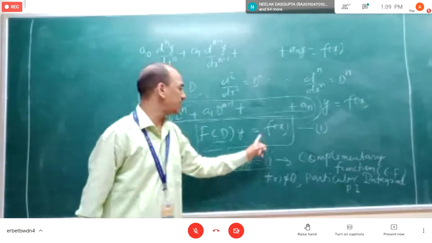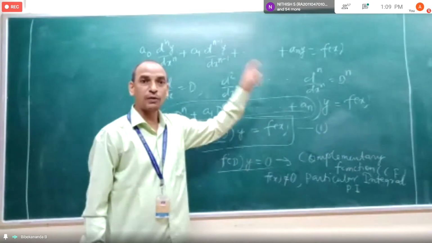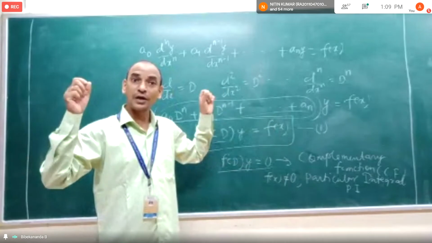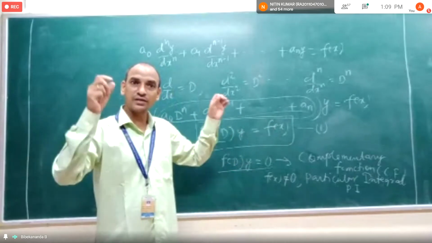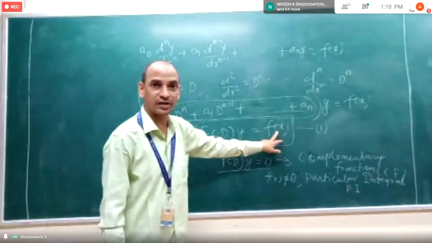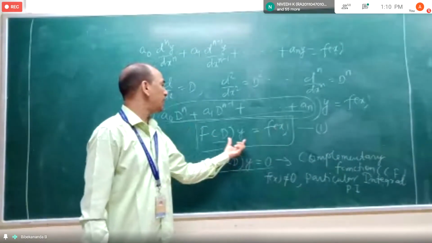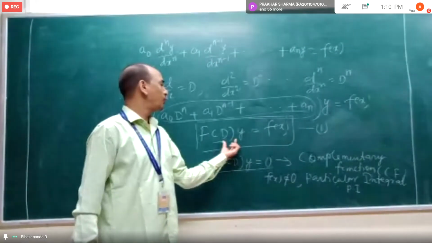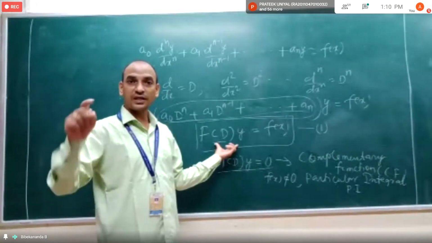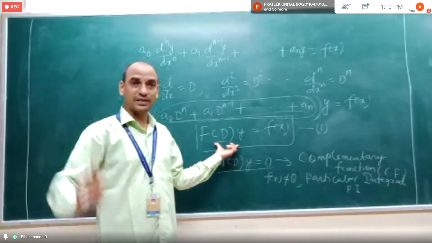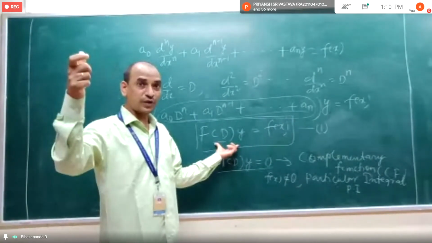If f of x is 0, only the complementary function will be the solution. I am repeating this frequently because it is the important thing you have to know. The homogeneous part is f of d of y equal to 0. How to find that, I will tell you.